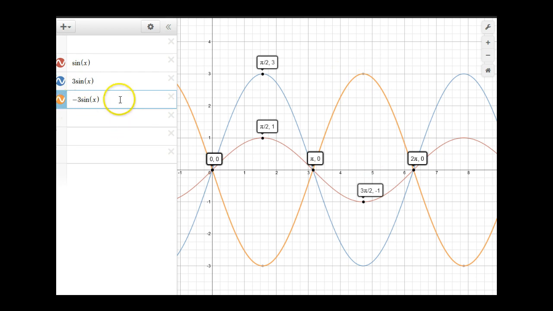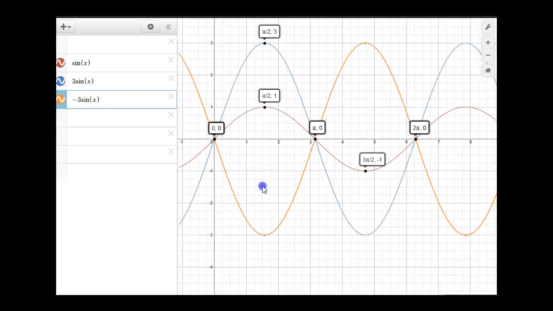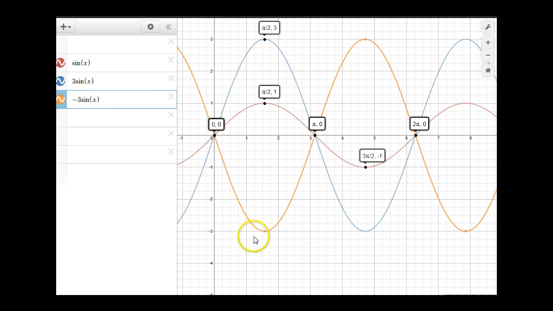So that is what's known as the amplitude. The amplitude has to do with the number that's out front, and it's the absolute value of the number. So this negative doesn't really factor into the amplitude because even with that negative, I'm still going down, as you can see here, 3 units. That's the farthest away from that midline I'm getting. And same here with this midline. That's the farthest away from the midline I'm getting.